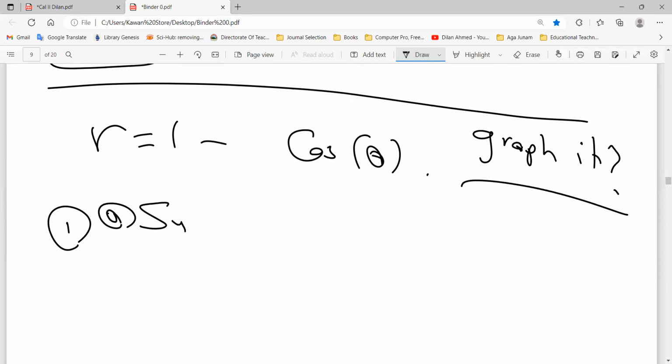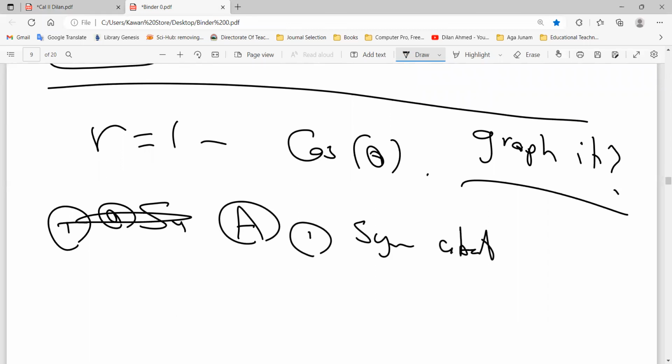First step, let me say A, symmetry about the x-axis. We should test it. So test A is testing of symmetry. A symmetry test. Okay. How do we test that one?